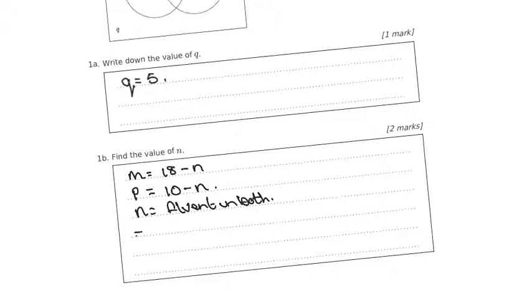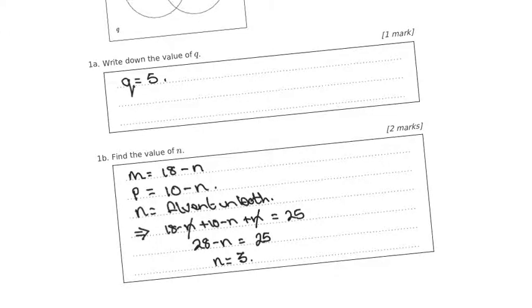So therefore, we can write the equation 18 minus N plus 10 minus N plus N is equal to 25. Those two cancel. So we're left with 28 minus N is equal to 25. So N is equal to 3.